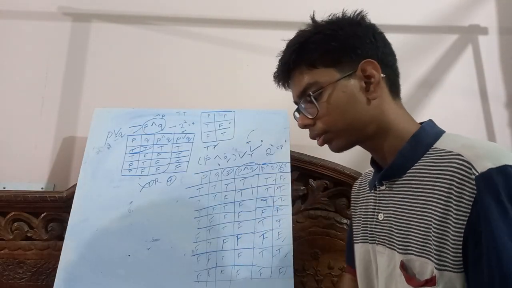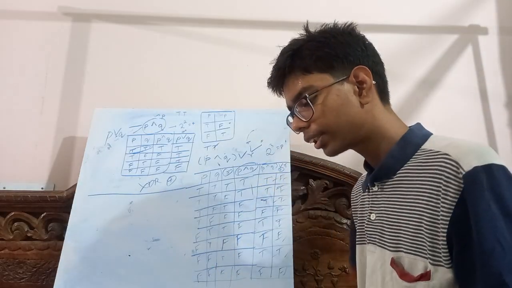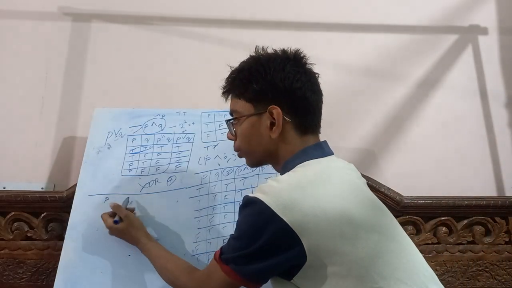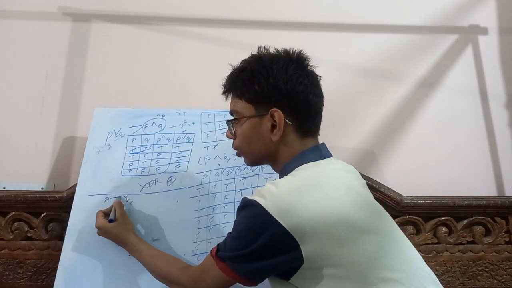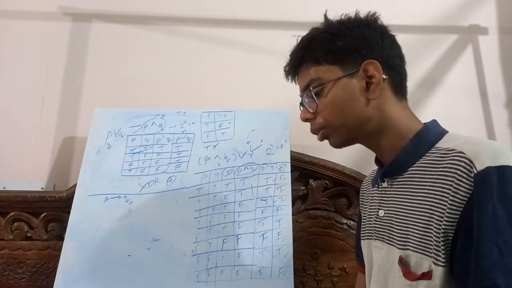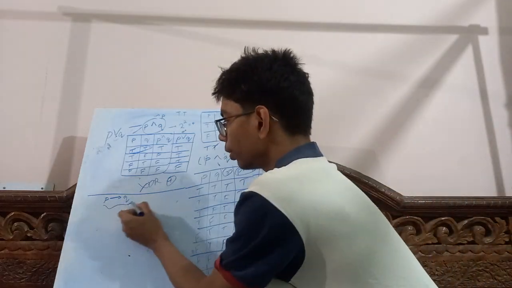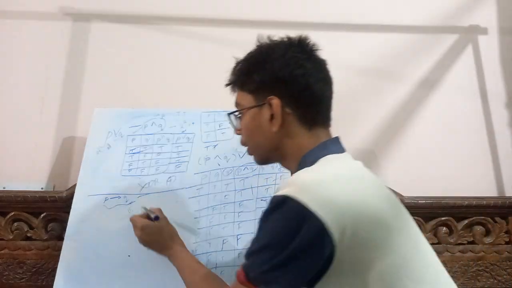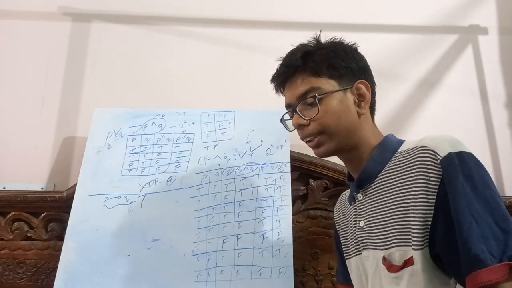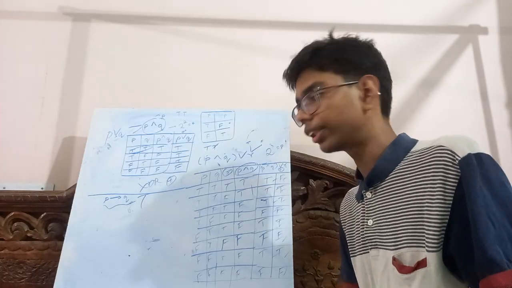And now let's see the conditional statement. So what is a conditional statement? If P is a proposition and Q is a proposition, it is denoted by P arrow Q, and it says that if P is true and Q is false, then the proposition will be false. It is like a promise which is only broken if you made it and then did not keep it.